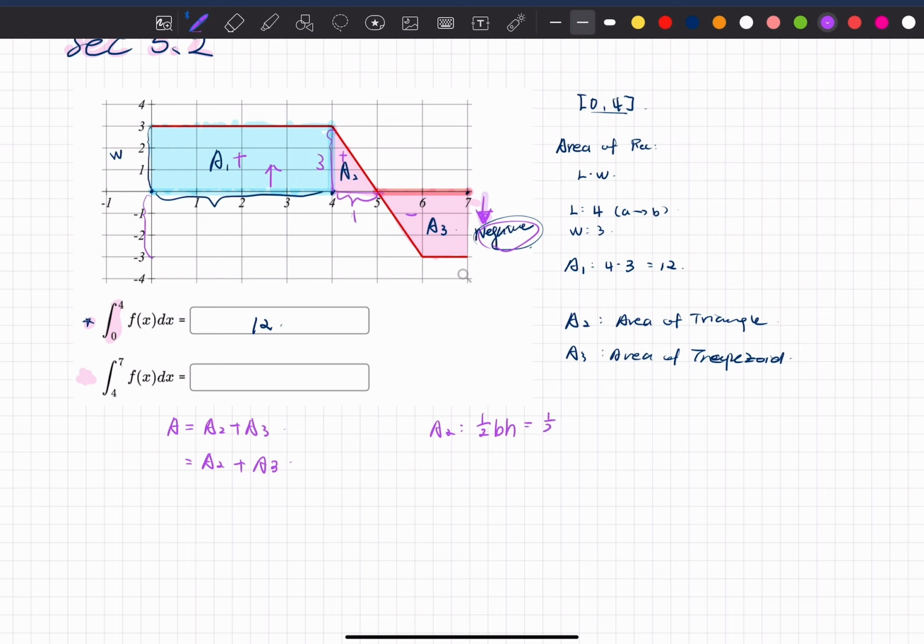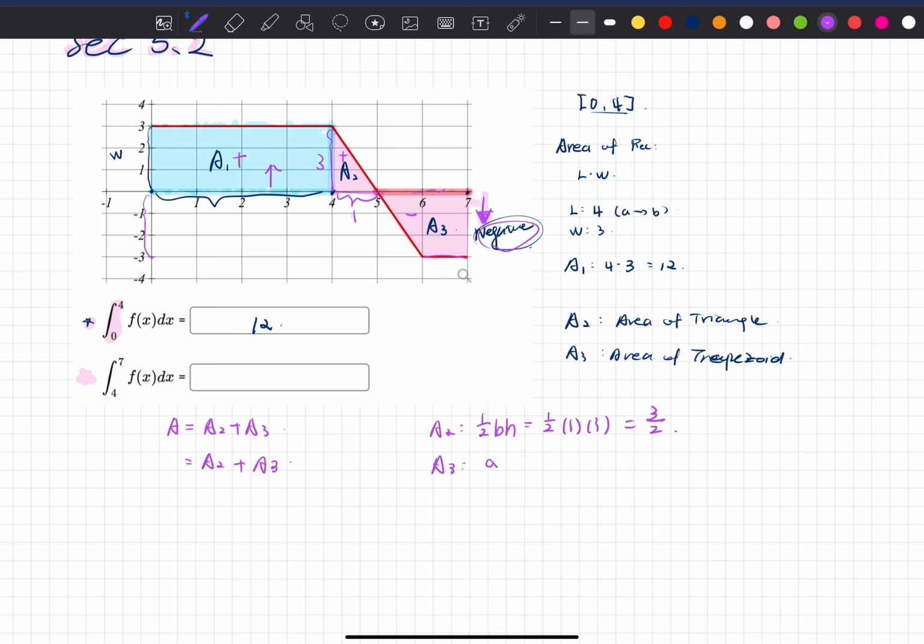So it's one half of 1 times 3, which is 3/2. For the area of a trapezoid, it's the base plus the base on top, divided by 2, times the height.